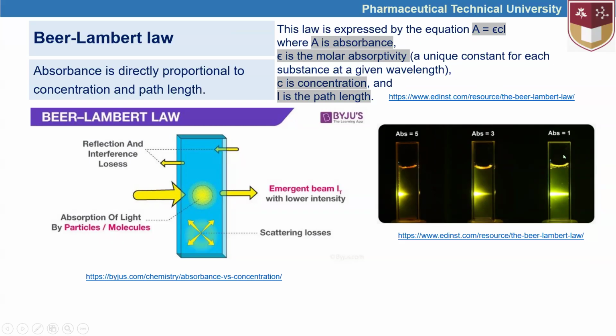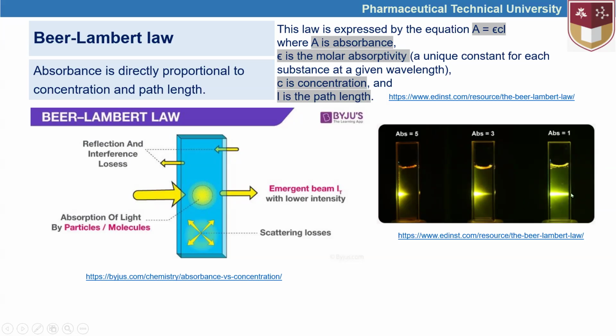Here we can understand that the absorbance of the light in the first cuvette might look like this, that some of the light is absorbed here, so the dose of the light reaching the second cuvette is much lower, and the dose of the light reaching the third cuvette is much lower compared to this one.